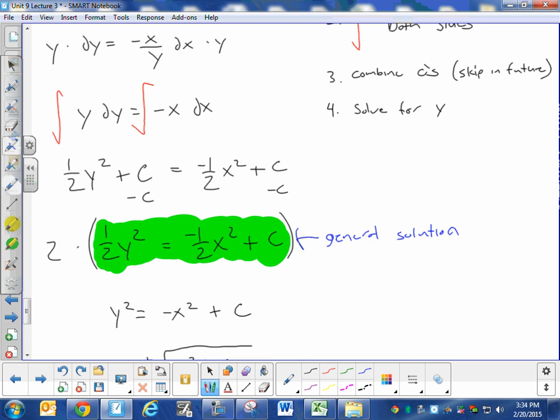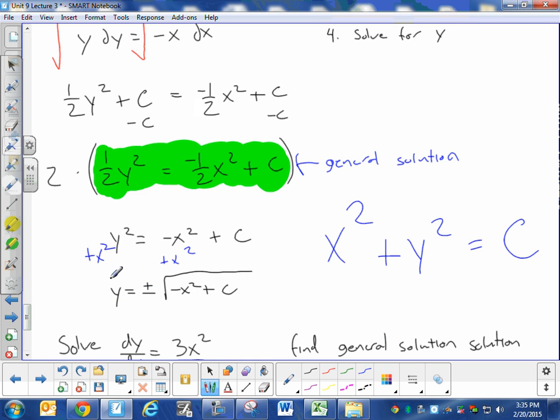Instead of solving for y, why don't we add x squared? What do we get? x squared plus y squared is equal to c. That's an equation of a circle. So what we already found, what we didn't know what it was, that was a circle. What we can confirm is that that's correct.